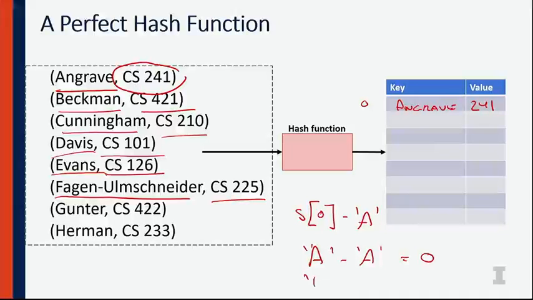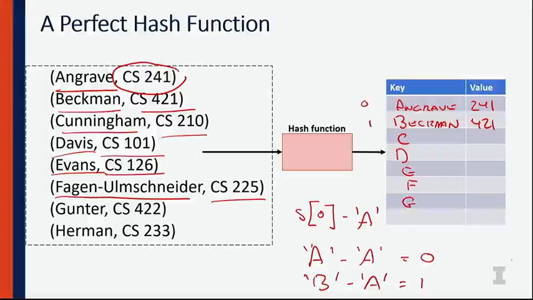Beckman, b minus a, is going to equal 1, and Beckman can be placed into the second position, index 1 in our array, for 421. And we can continue this on, and you'll notice that C goes into index 2, D, E, F, G, and H. Each of these letters has a perfect mapping into our array from our key space.